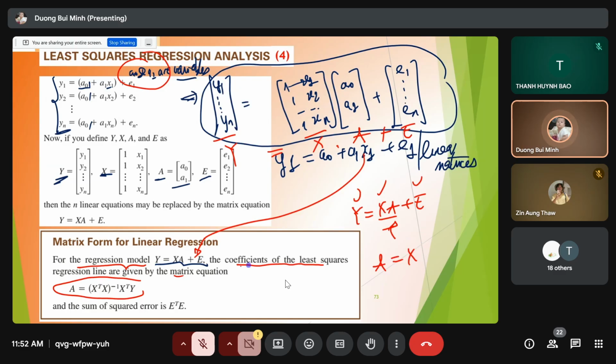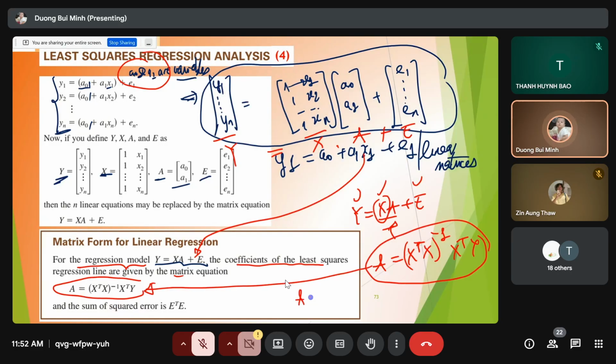So now we can get a: the inverse of x transpose times x, times x transpose and y. If we apply this, you can get a. If we know a, that means we know a0 and a1, and then you can get the regression curve, which is a0 plus a1x.